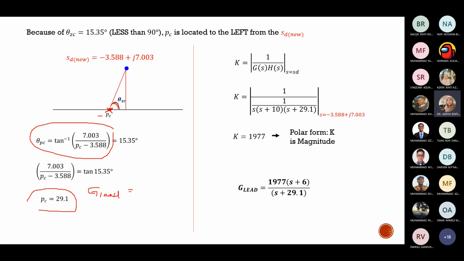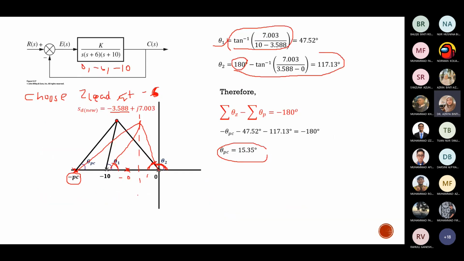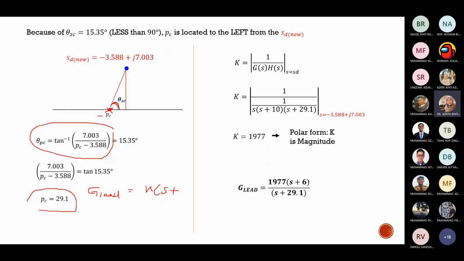G lead is equal to K times S plus Z lead over S plus P lead. We already chose Z lead at minus 6, so when we put it here, S plus 6 over, and we already calculated the P lead, so it is equal to S plus 29.1.